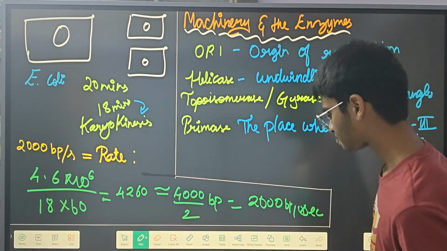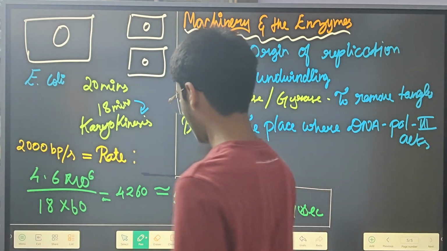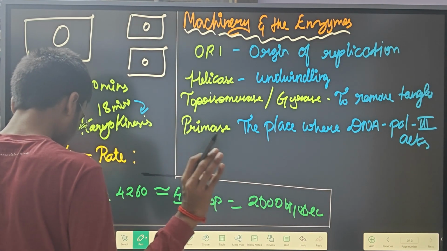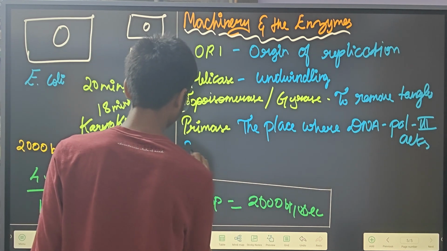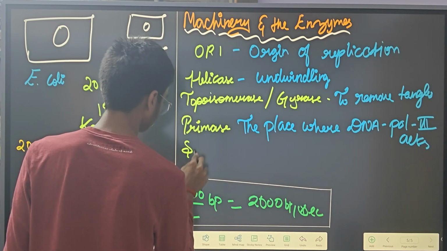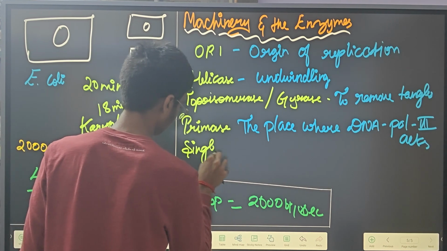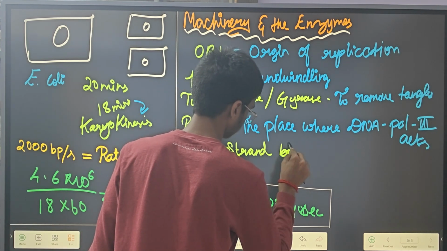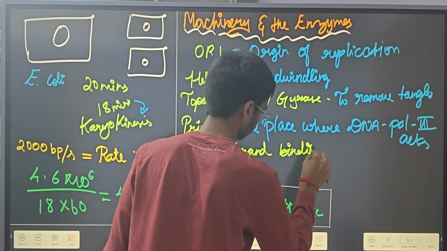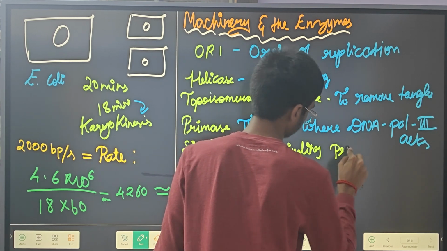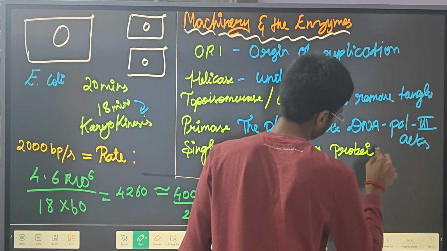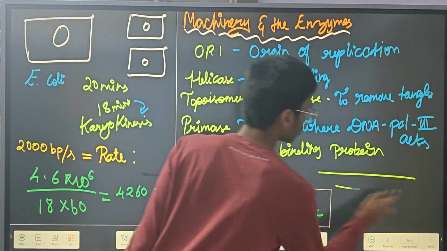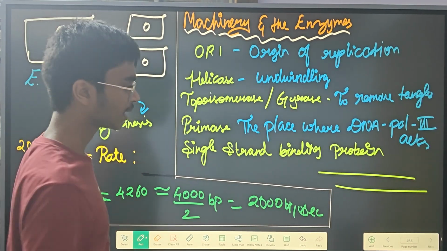After this, we are having some other protein also. We are having here single strand binding protein. See, now it has got split like this, right?